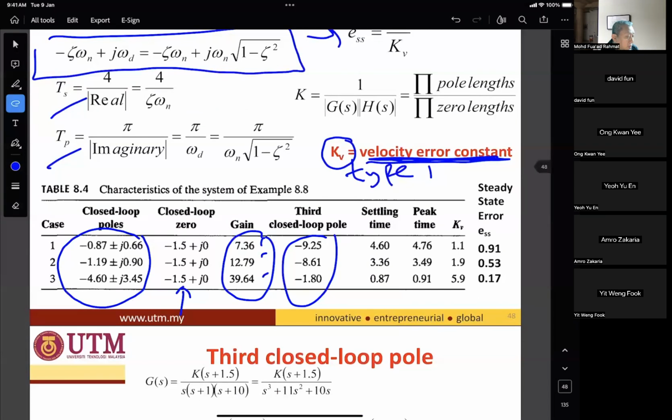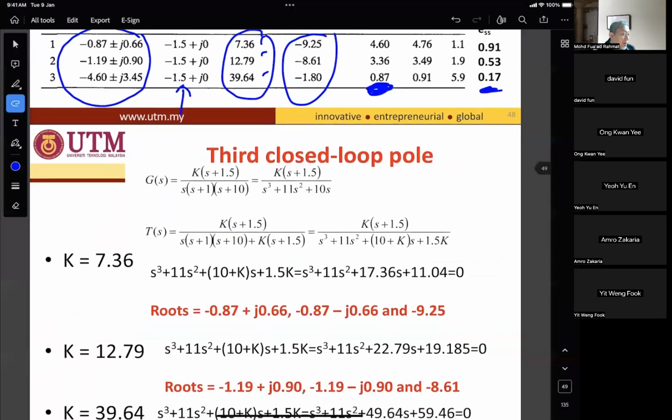So I want to ask you which one is the best, because we have 3 dominant poles. Which K is the best? Of course, 39.64, because it gives you a very fast settling time of 0.87, and the error is 0.17 compared to the other 2 K values.